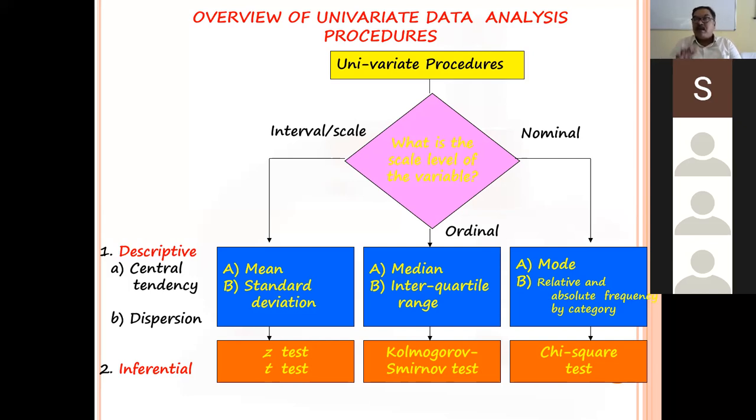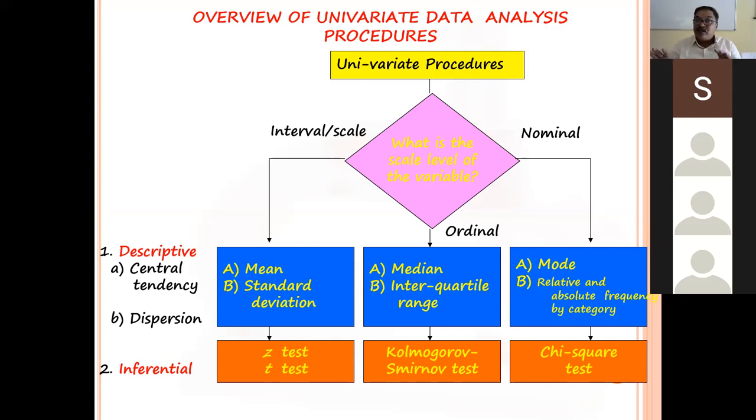Out of 31, just assume there are 10 female and 21 male. You can present it like that, 10 and 21. That is the absolute number, the absolute frequency. If you present the same thing as percentage, there are 30% female in this course and 70% male in this course.